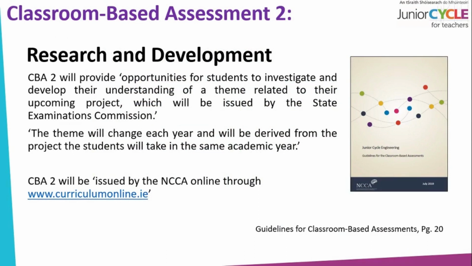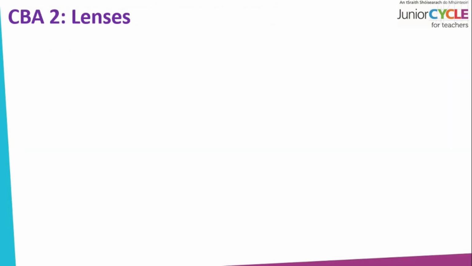CBA 2 Research and Development is related to the theme of the project and will change each year to reflect the theme of the 3rd year project and will be issued prior to the CBA window each year by the NCCA. In a couple of moments I will demonstrate and give you an opportunity to access curriculumonline.ie to locate the CBA title. There are 3 lenses for CBA 2, unlike CBA 1 which has 4 lenses.